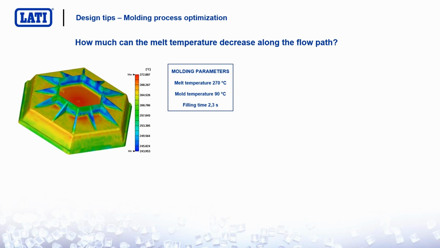But from this example of a simulation, we can see that the temperature difference for this material is almost 30 degrees between the hottest area and the coldest area of this molded part, in just 2.3 seconds of filling time.